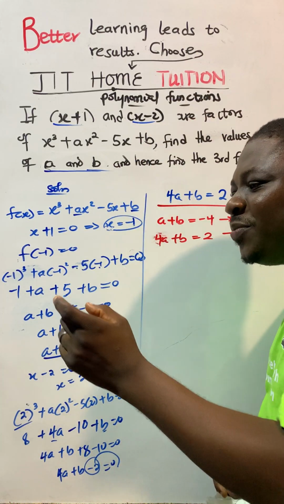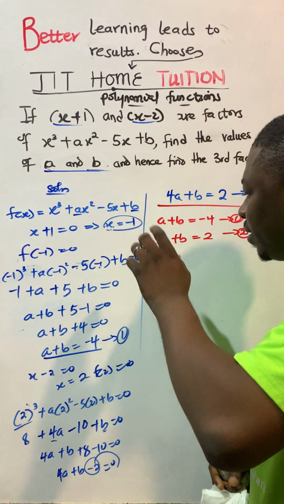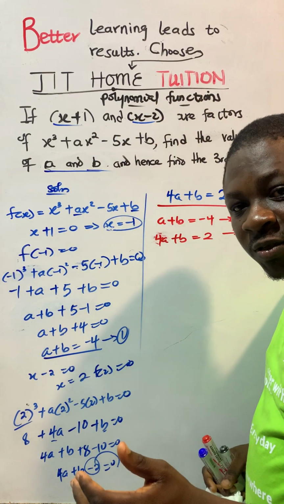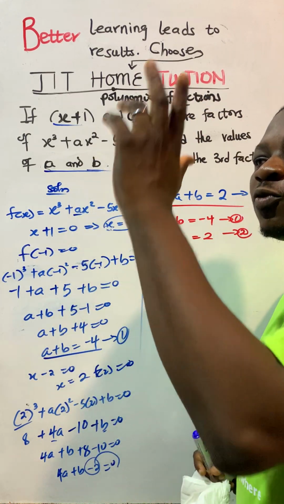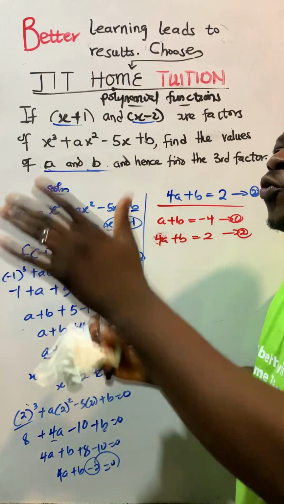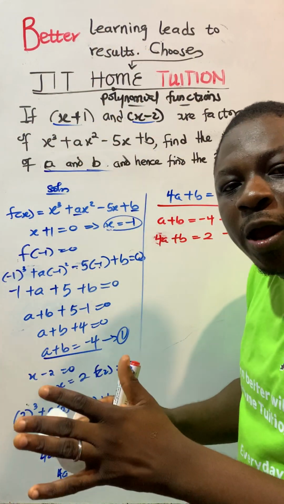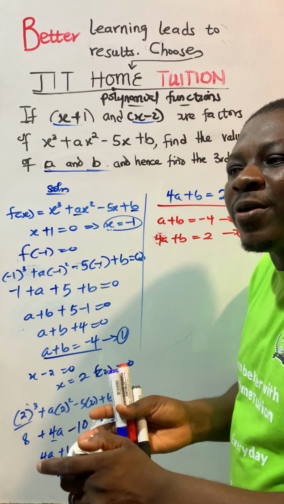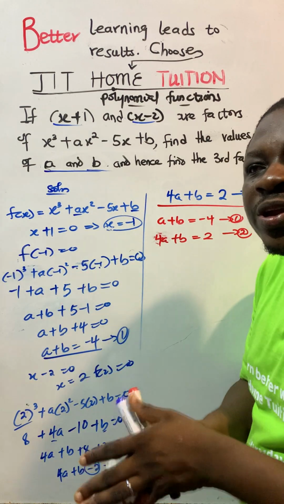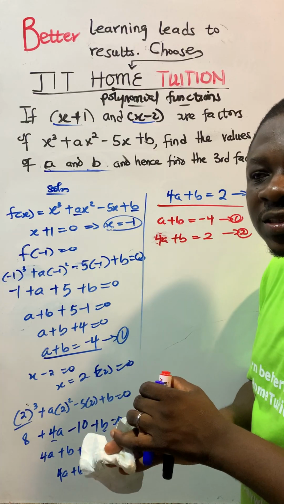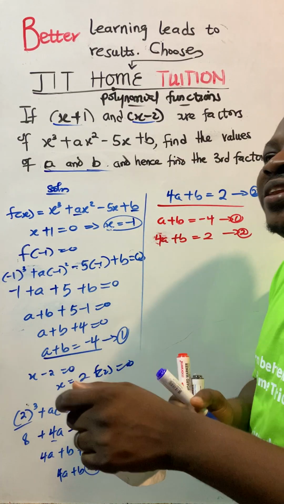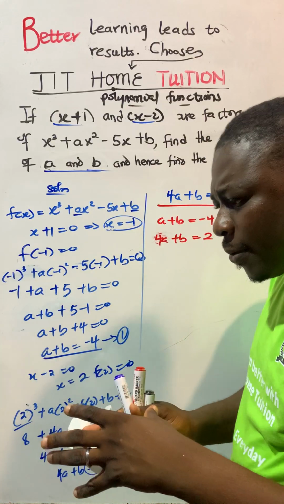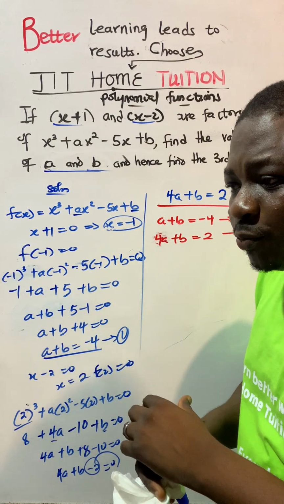You want to eliminate or take away one of them, so that you are left with one variable, and your whole focus will be on that variable. You solve it to get the value of the variable left. Having found that value, you then use it to find the value of the variable that you eliminated. Now, how do you go about the elimination method?